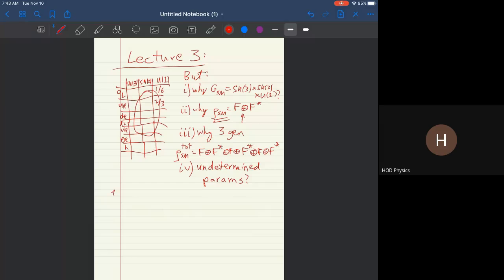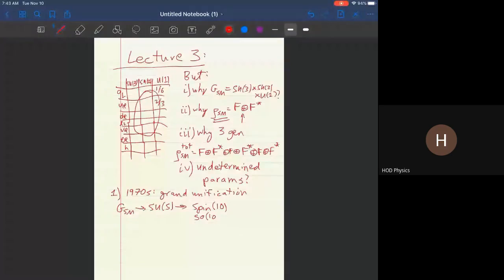But in terms of progress on these questions, in my opinion, the biggest insight was the one we discussed in the previous lecture, which was already made back in the 1970s, which was grand unification. We summarize that by saying that the standard model could be neatly embedded in the group SU5, which could in turn be neatly embedded in the group spin 10, which physicists usually call SO10.